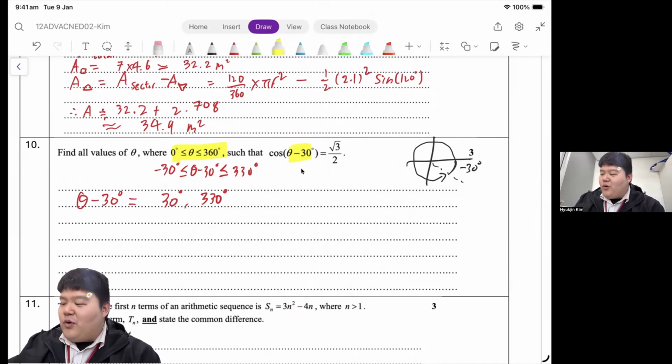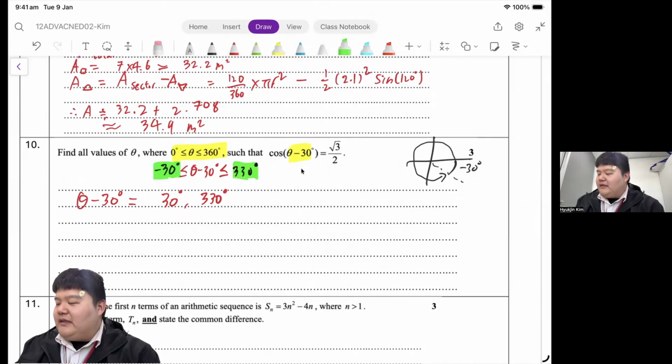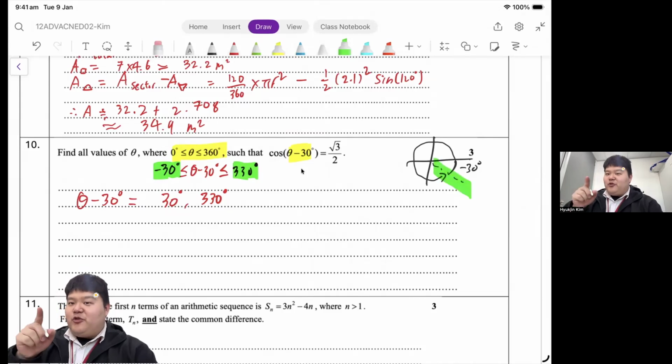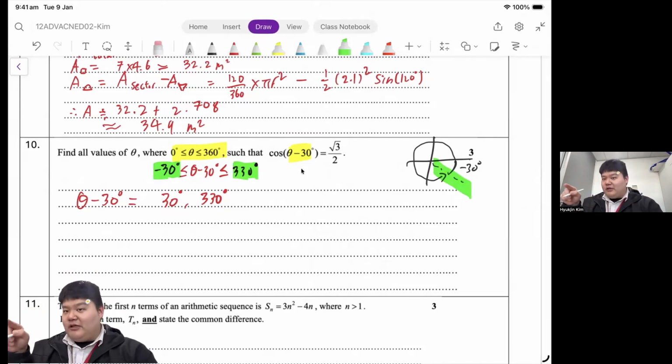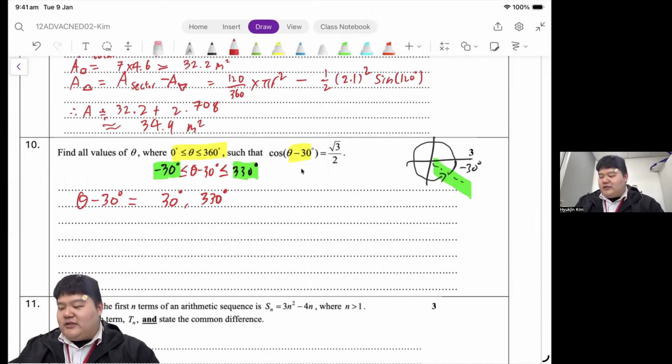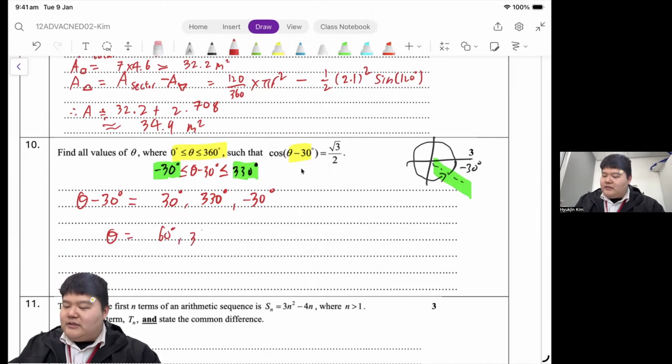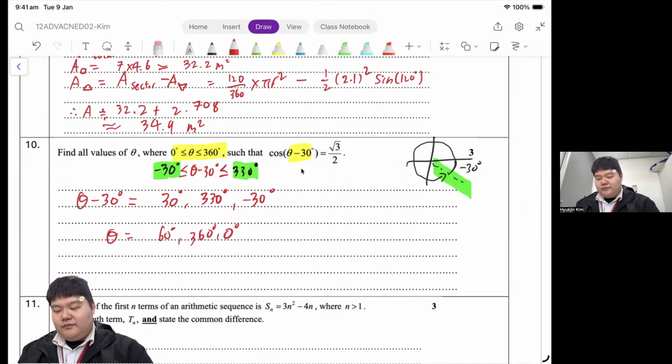I know that negative 30 degrees and 330 degrees are my new domains. But that is the exact same number. 330 degrees as a solution is mathematically equivalent to negative 30 degrees. You need to still count the negative 30 degrees. And then at the end, we say theta equals 60, 360, and 0. Okay?